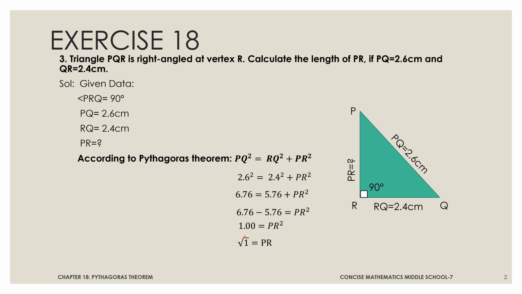The same number should be multiplied twice. That is 1 ones are, 2 twos are, 3 threes are, in that way. So when you multiply 1 into 1, it becomes 1, right? So 1 is the answer. So PR is 1 centimeter long. I hope you understood this.